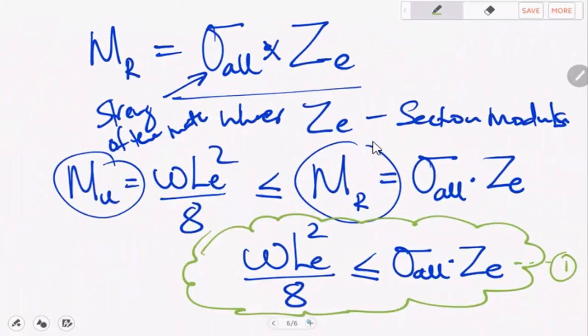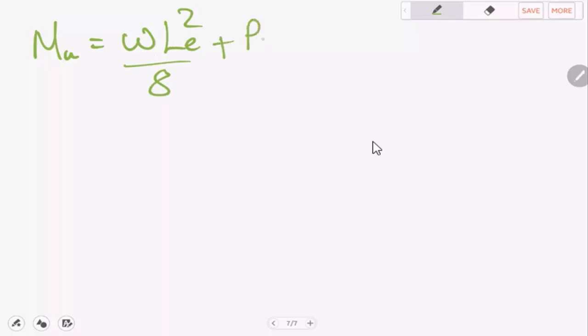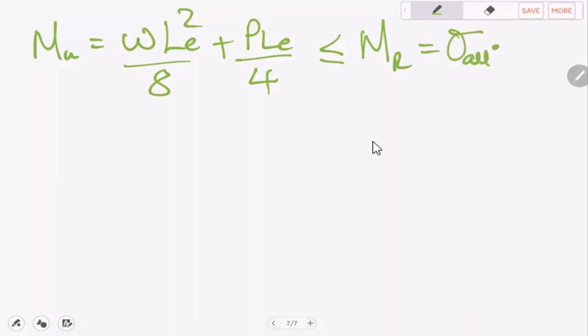So the second scenario, your ultimate moment M_U is equal to omega L_E squared over 8 plus PL over 4, right? Which must be less than or equal to the moment of resistance, which is still sigma allowable multiplied by Z_E, which is the section modulus.